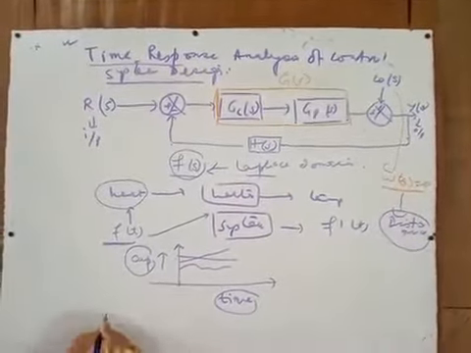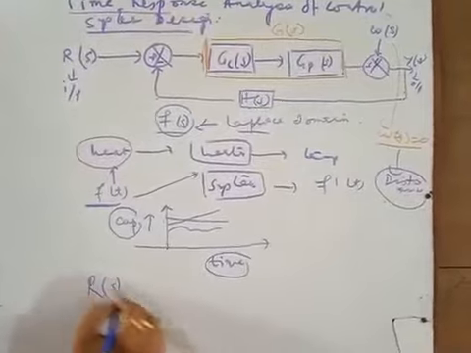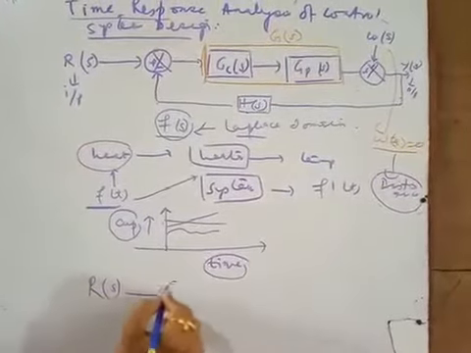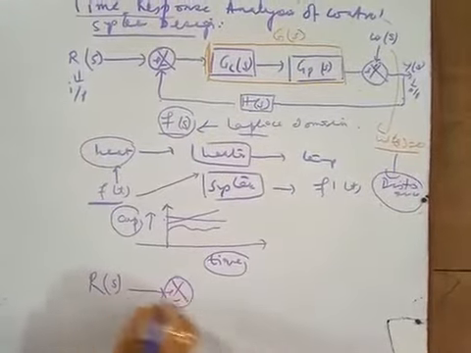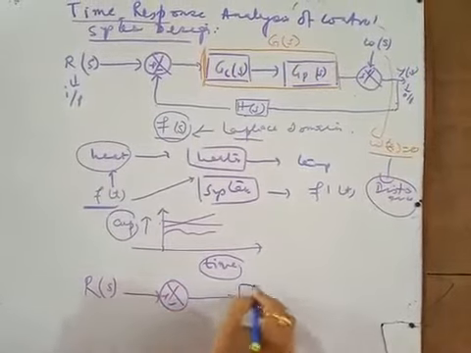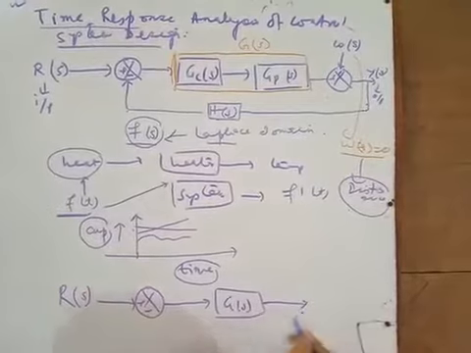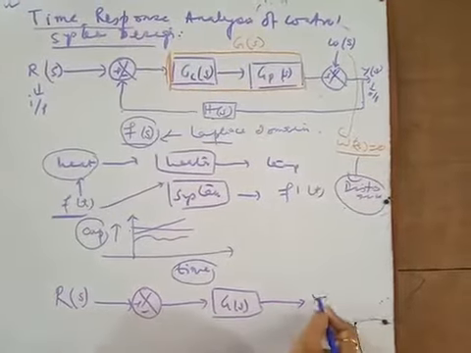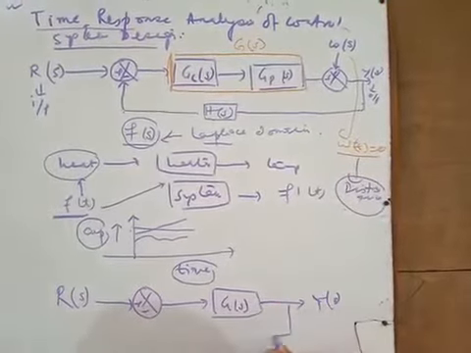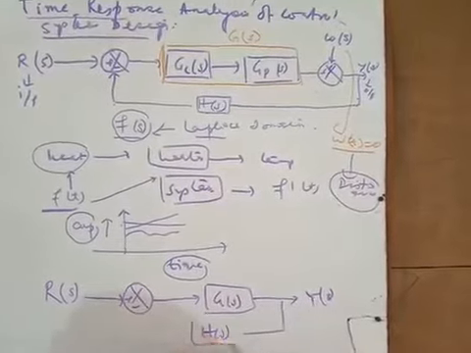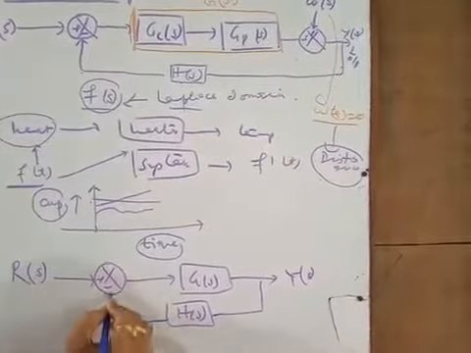So how does the overall system look? This is your input in the Laplace domain, this is your error block, and this is your G(s), known as the forward block transfer function, as you know from previous classes, and this is your H(s), the feedback path transfer function.